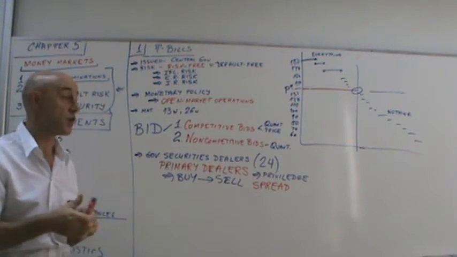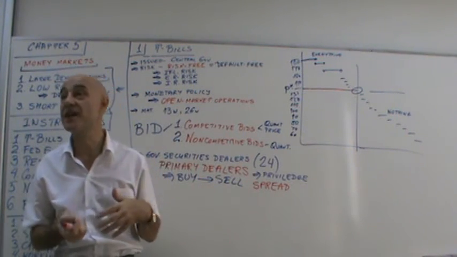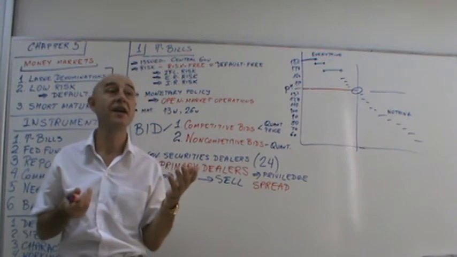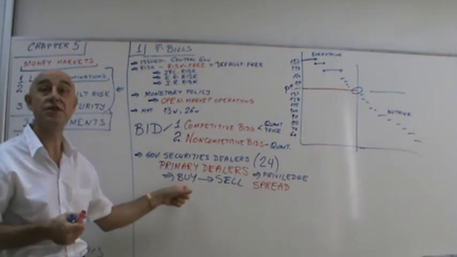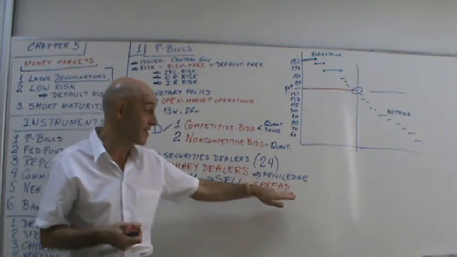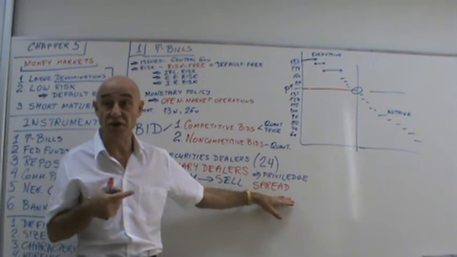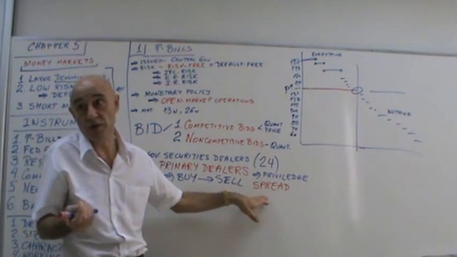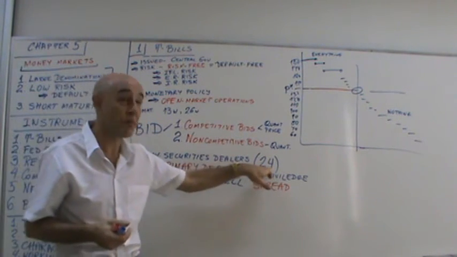Spread is the difference between a bid and an ask, the price that you offer to buy and sell. Or, spread is simply the difference between the price you actually buy and actually sell, okay? So, the spread is the return to the dealer, because it's a commercial activity, we also call it a profit, okay? So, these 24 are privileged.